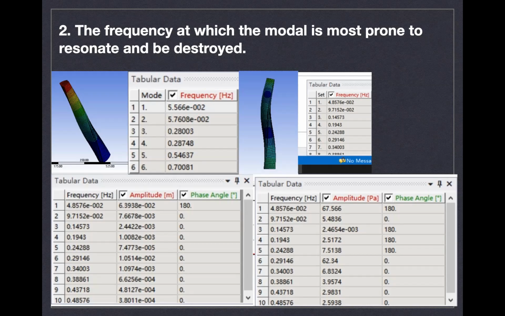As a result, the structure resonates strongly under these frequencies, and we can see that there are larger deformations in mode 1 and mode 6. So we can prevent the structure from generating these kinds of frequencies, and we can avoid the structure from being destroyed due to resonance.